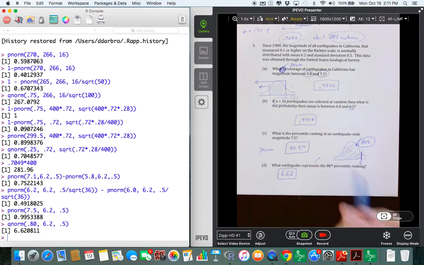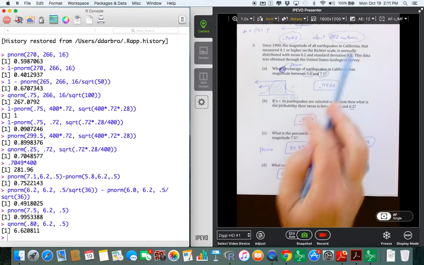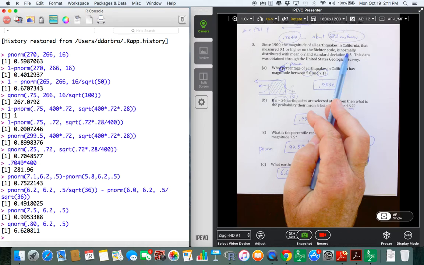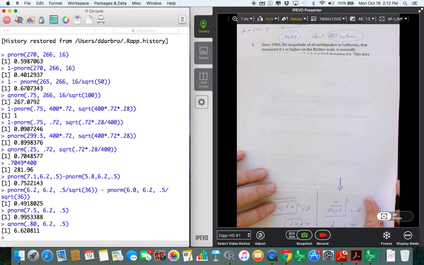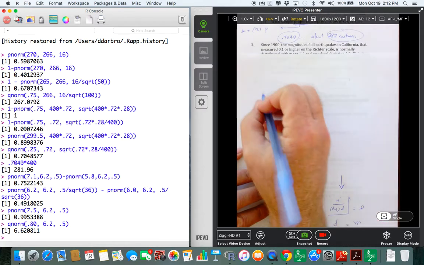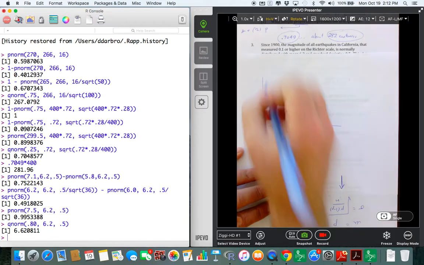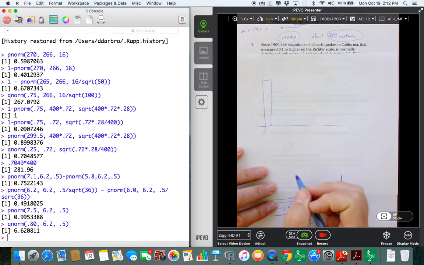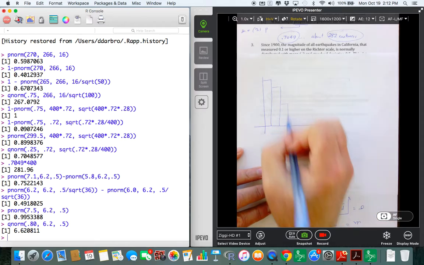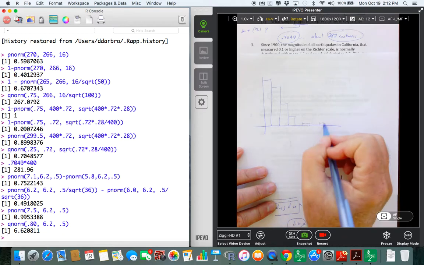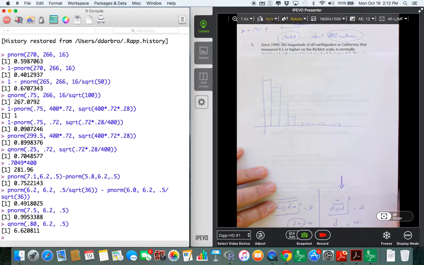Now, I find it really interesting that these earthquakes turned out to be normally distributed. I wouldn't have thought that. I would have thought that they would have been severely positively skewed. Let me explain why I feel that way. I would have thought that in a year like this you would have a lot of tremors and a few kind of minor earthquakes, and that over the year you would have very few earthquakes of high magnitude.